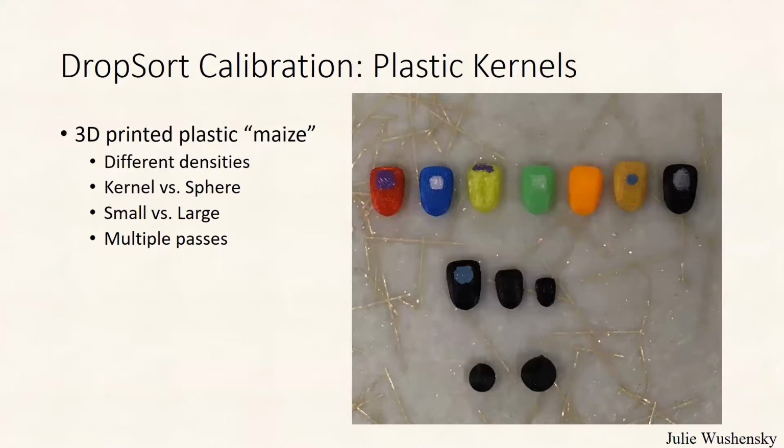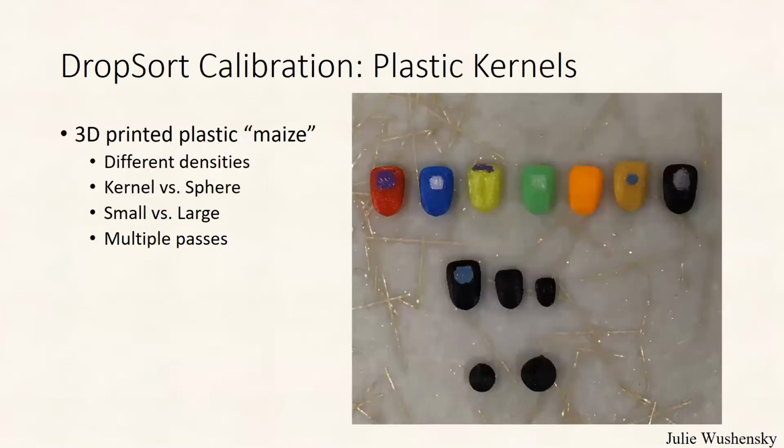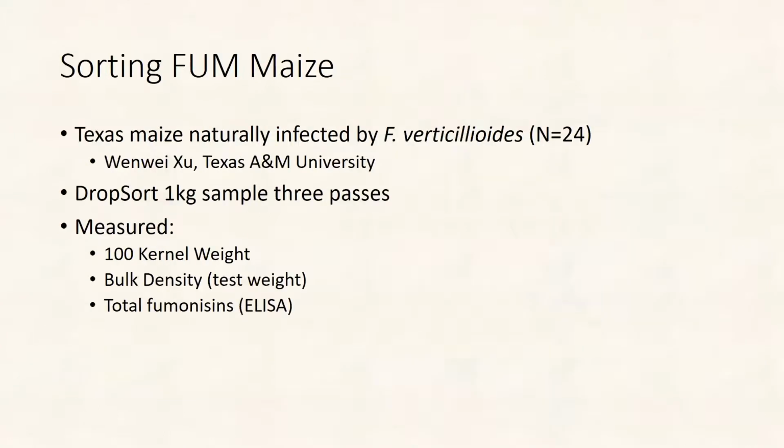And I won't show you all of these results, but it can, in fact, separate based on density, and shape and size also play an influence. And we also looked at how well resorting our accepted fraction works, so sorting once and then sorting this fraction again, and how that affects specificity and sensitivity.